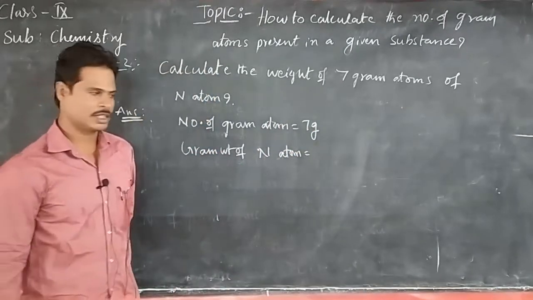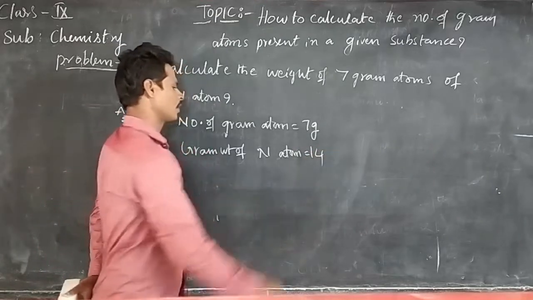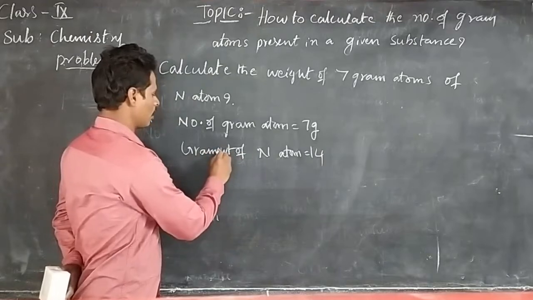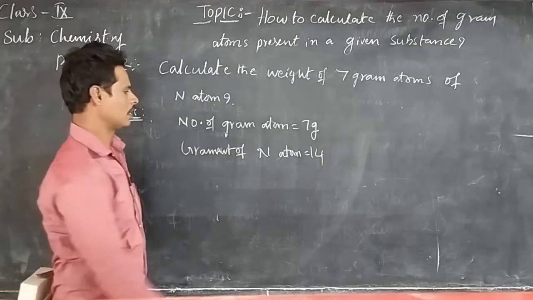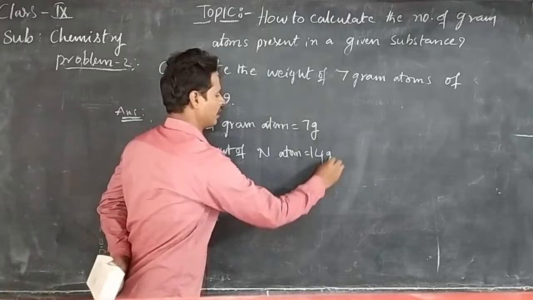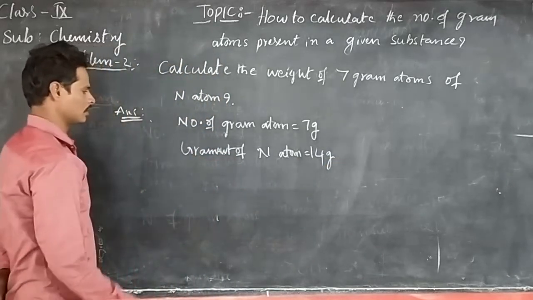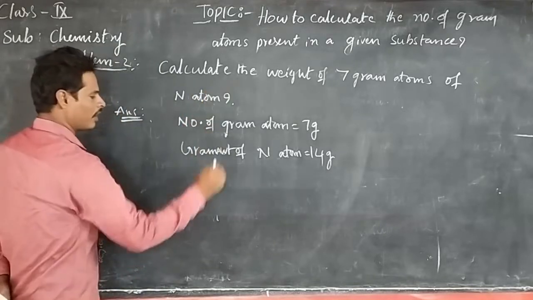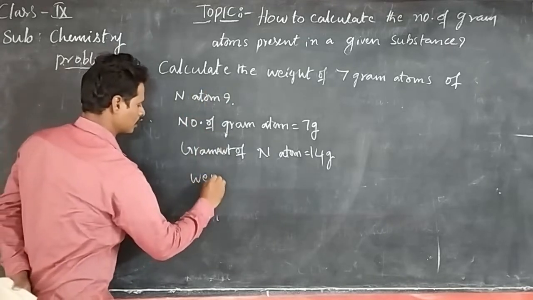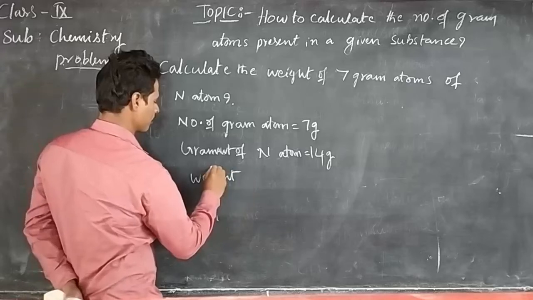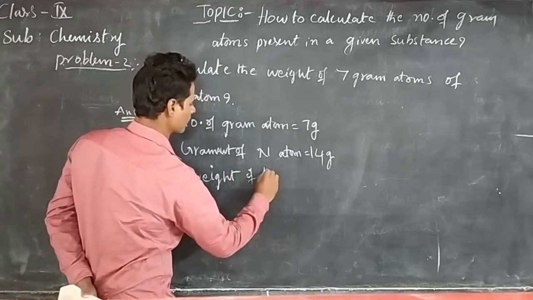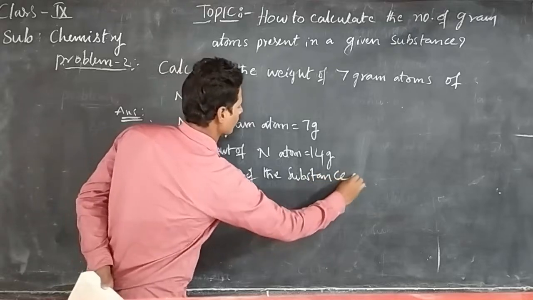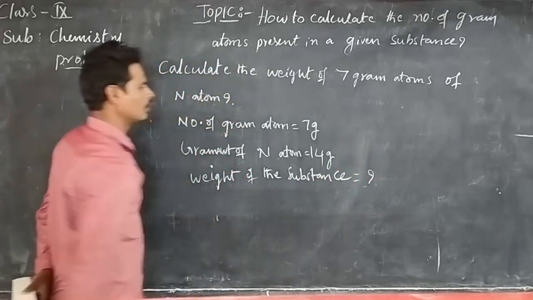Atomic weight of nitrogen is how much? 14. Atomic weight expressed in grams is called gram atomic weight. That's why we should write 14 grams. Next, which one do I have to find out? Weight of the substance, question mark.